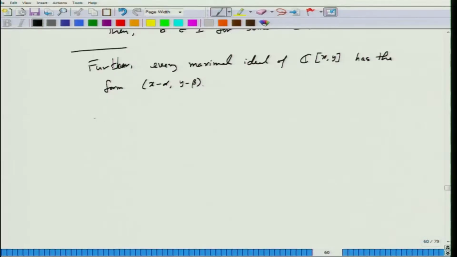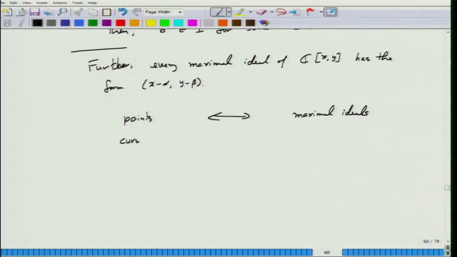Okay, so this also requires some bit of work. So now we have a very nice correspondence, that points correspond to maximal ideals.